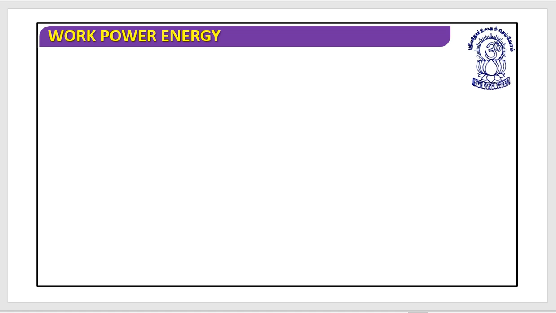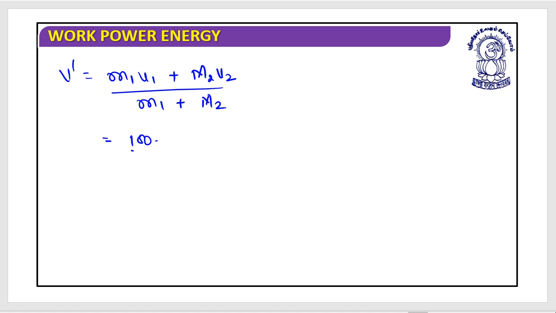So let's calculate this. v dash would be m1 v1 plus m2 v2 divided by m1 plus m2. This mass m1 was 100 gram, so it is 100 divided by 1000 because it is in gram. Velocity is 400 meter per second.